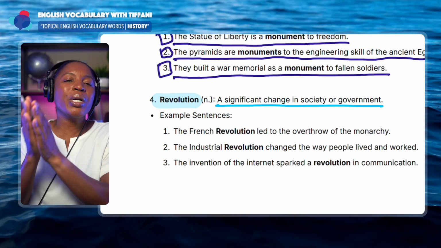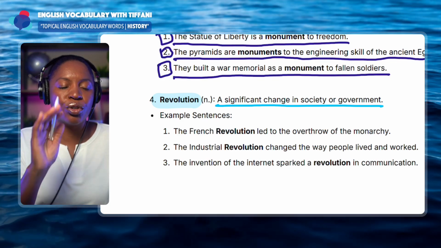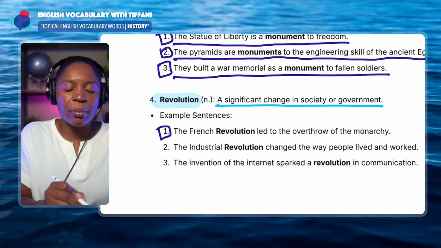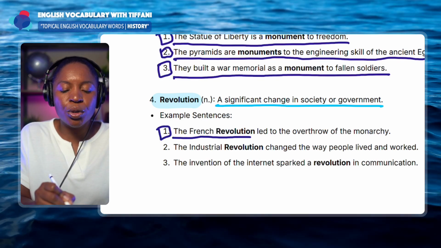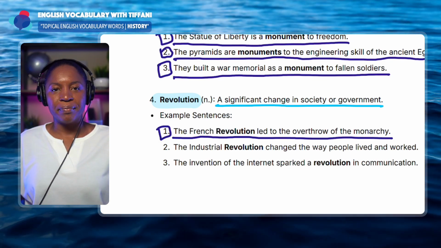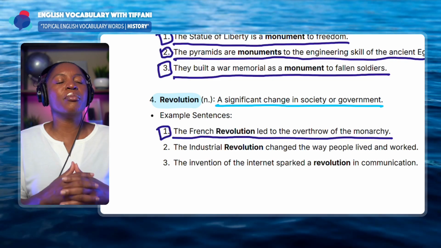So we're going to read the very first example sentence, and then I'll go into more detail relating to the meaning. Here's the first example sentence. The French Revolution led to the overthrow of the monarchy.